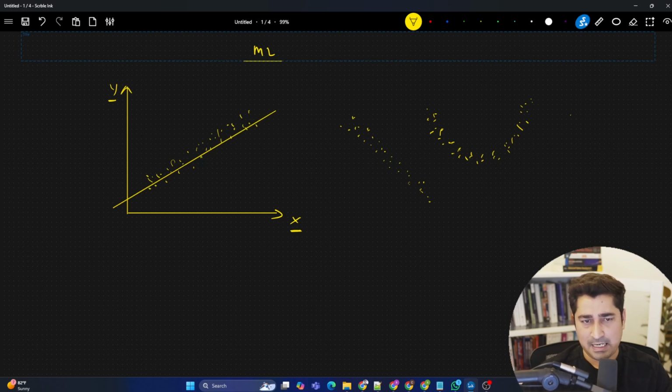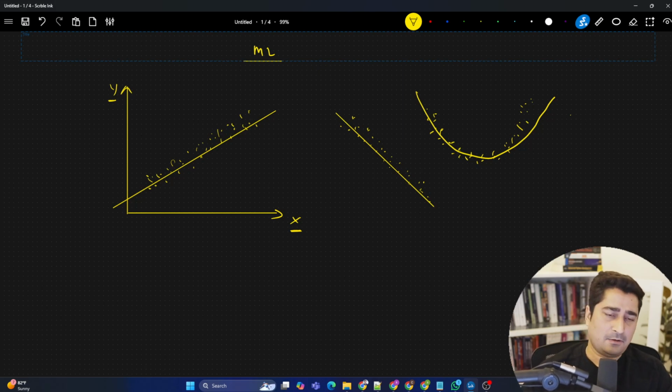I can say that this line is representing the nature of this entire data set, or maybe this curve is representing the nature of this particular data set. If this line is representing a trend inside the data, it is trying to represent the overall set of the data that we have.